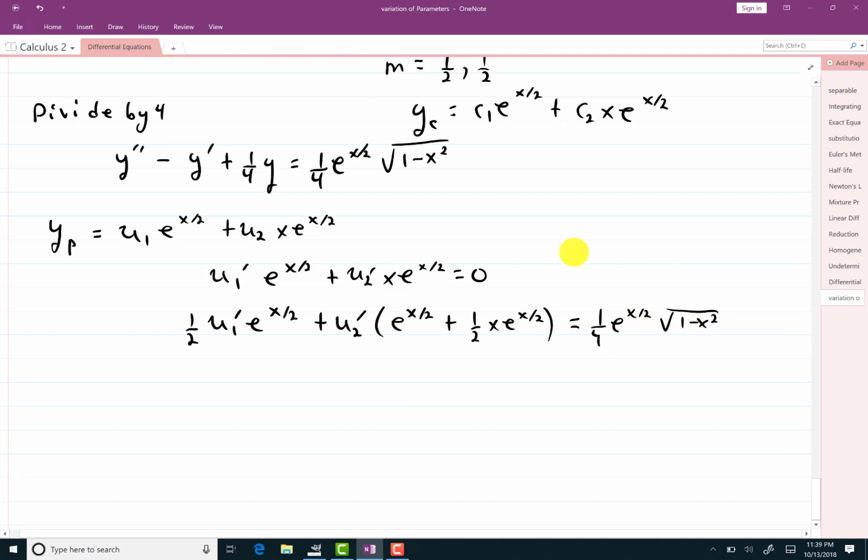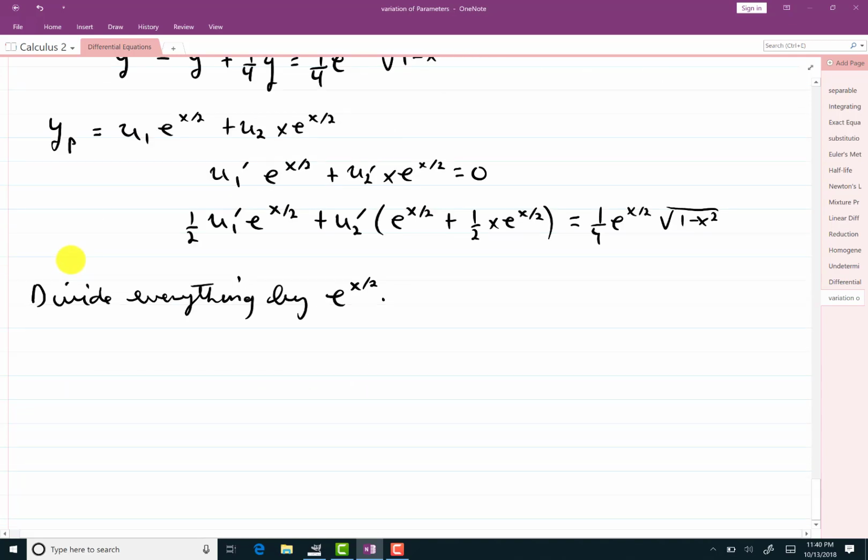Now you may notice that there is an e to the x over 2 attached to absolutely everything. So I'm going to divide everything by e to the x over 2. It's not 0, so this is okay to do.